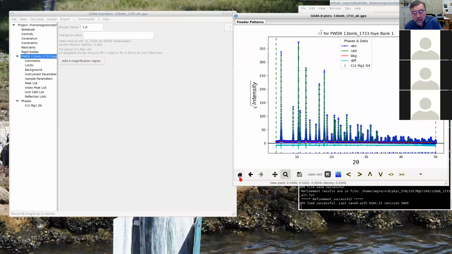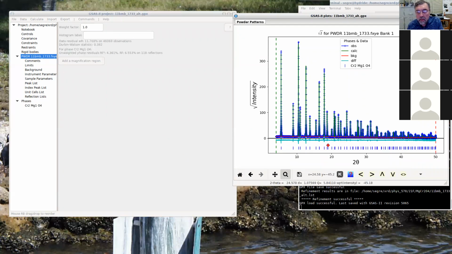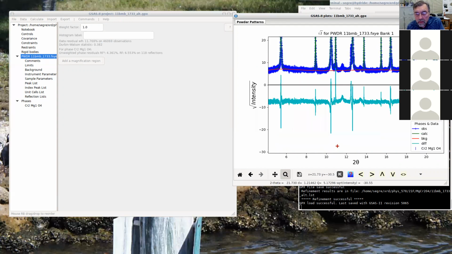And you can see that the differential parts are not too big. We're missing a little bit. There's a lot of sharpness to these lines, so that's a line profile problem.